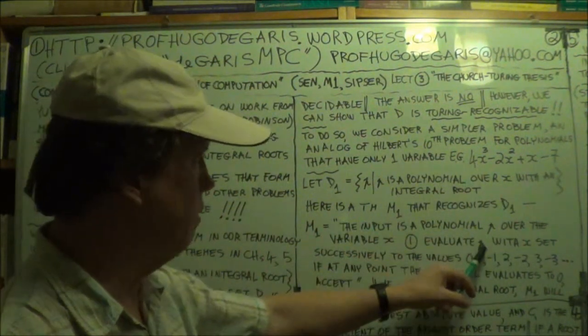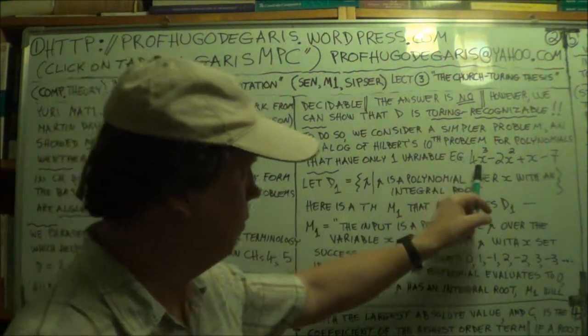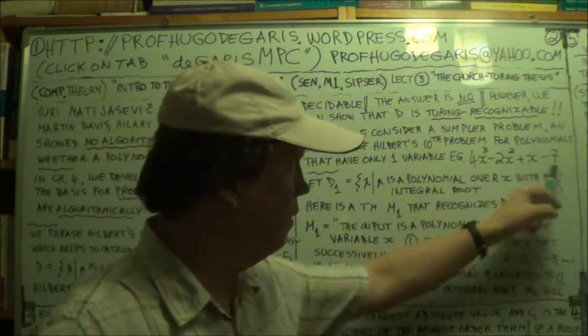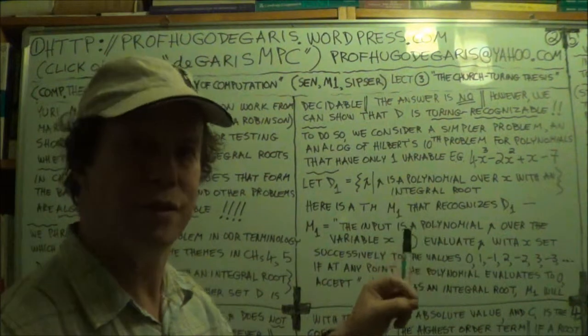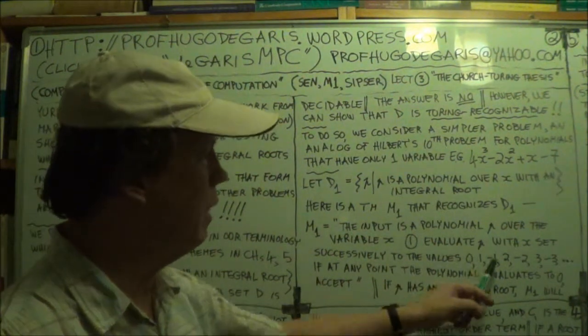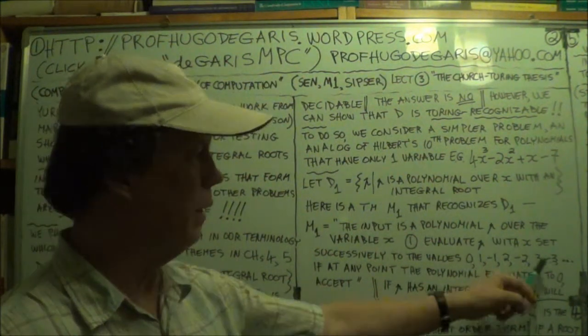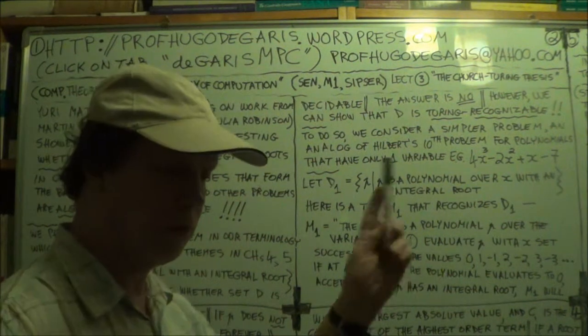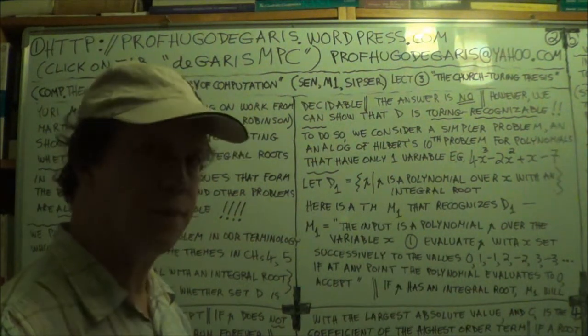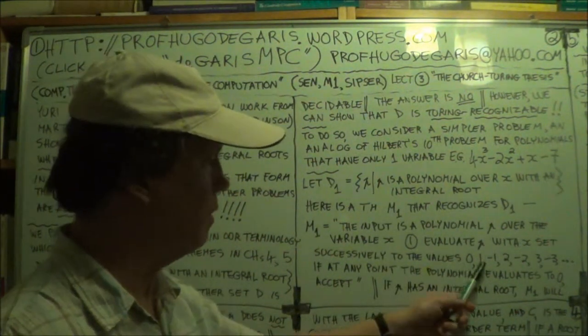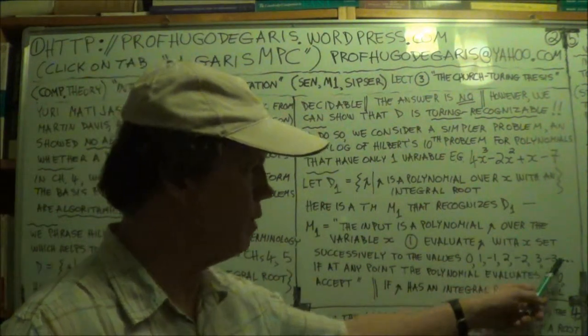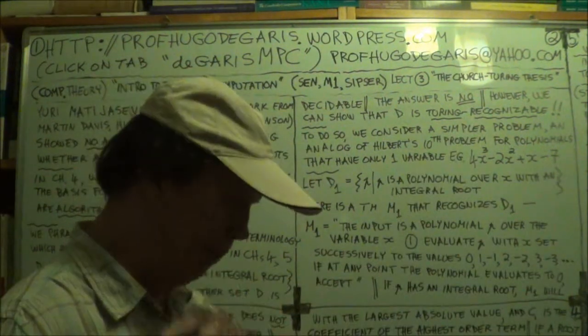So evaluate p. In other words, find out what the value of this is for given values of x, and so you just systematically go through the whole range of integers, right? So 0, plus minus 1, plus minus 2, plus minus 3, and so on.